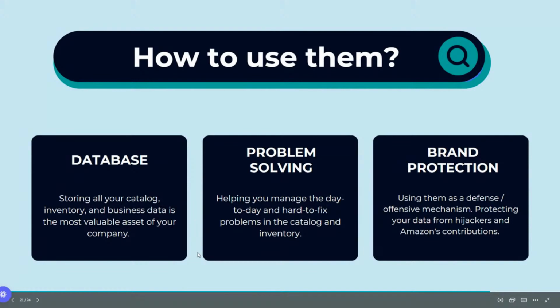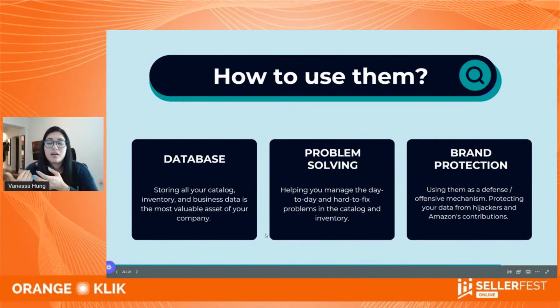Second is the problem solving. They will help you manage your catalog day-to-day. This is very easy. So if you are optimizing for Father's Day, for Mother's Day, or for 4th of July, and you're changing something in the bullet points, it is super easy to do it through flat files, because you drag down a cell and you copy all of that in bulk.